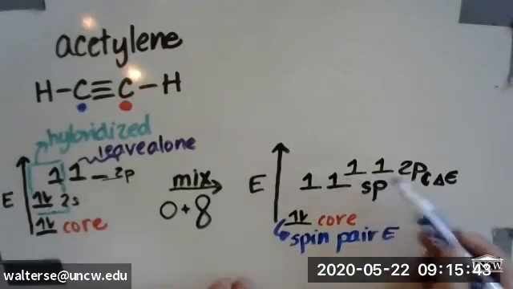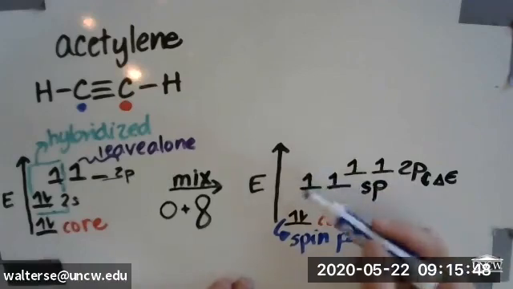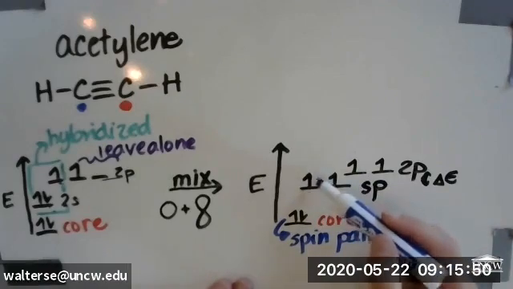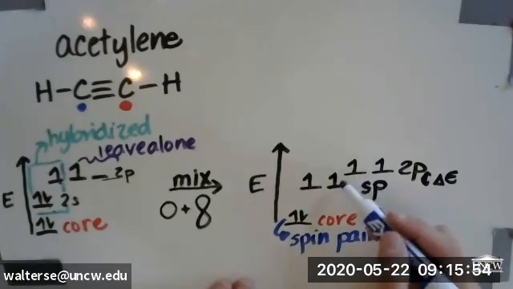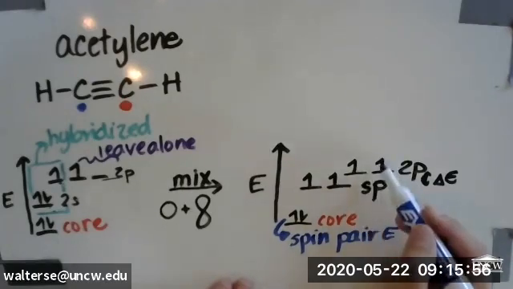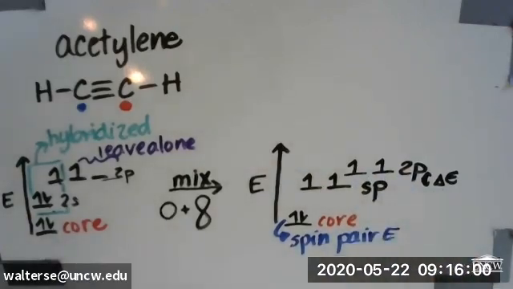So in order for these electrons to distribute in this way, the spin pairing energy here is greater than the energy difference between the orbitals. So it's cheaper energetically to promote the electrons. So you end up with 4 electrons, 2 in hybrid orbitals, 2 in atomic orbitals.